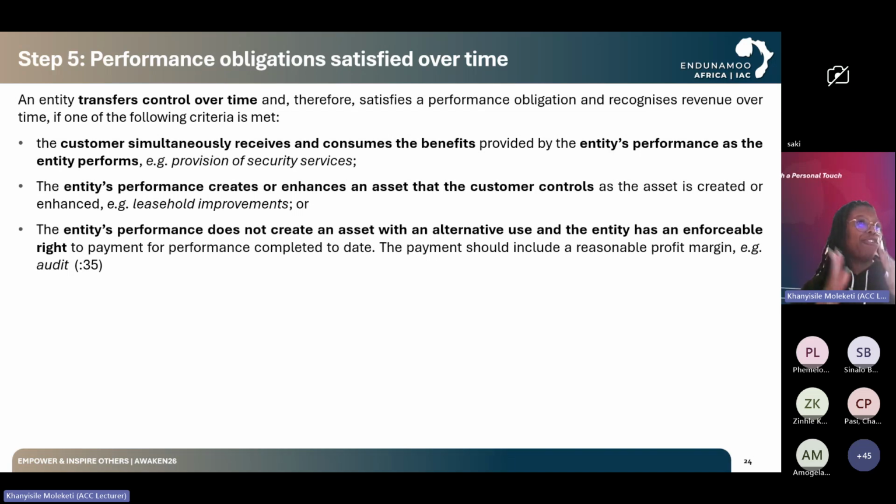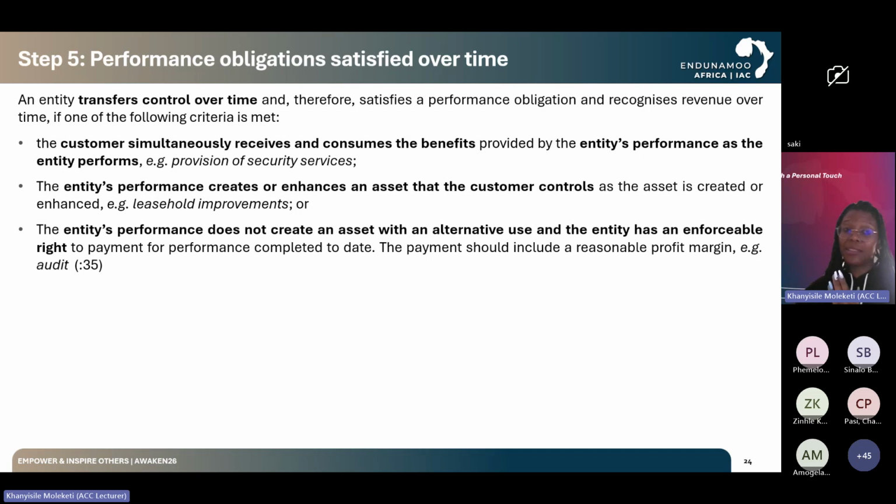This kind of tries to capture services or performance that's very entity specific. So we've got an example of an audit, but it could also be like when you're building a type of asset for the entity. So you've got a factory, we've got a plant, and you're building a very bespoke, very specialized kind of machine for a client.